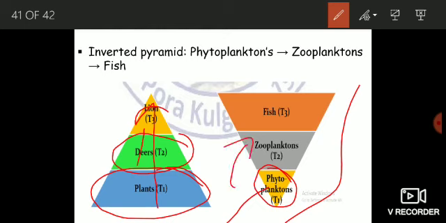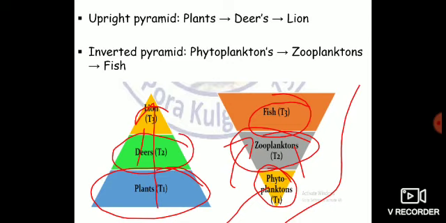Zooplanktons are those animals which consume the phytoplanktons, and the biomass of these zooplanktons is less as compared to fishes. That means as you move from producers to the top carnivores, the biomass increases. This is the inverted pyramid of biomass.